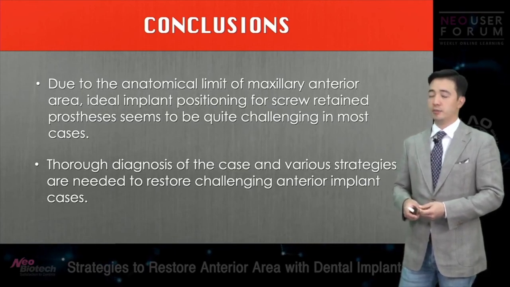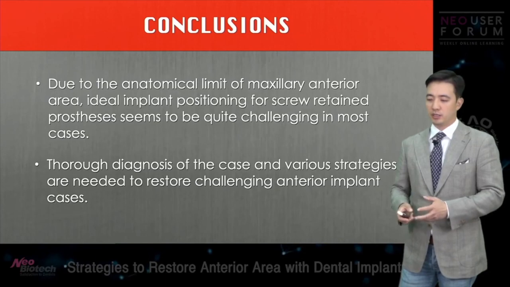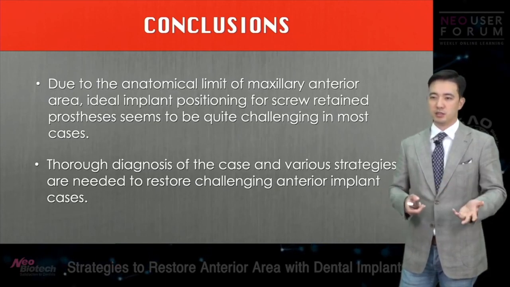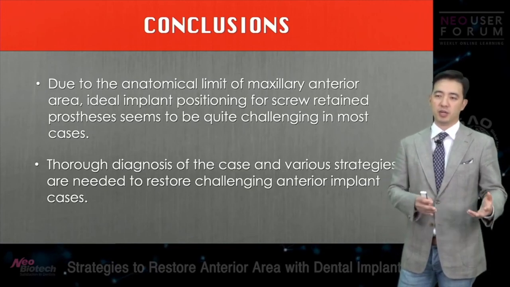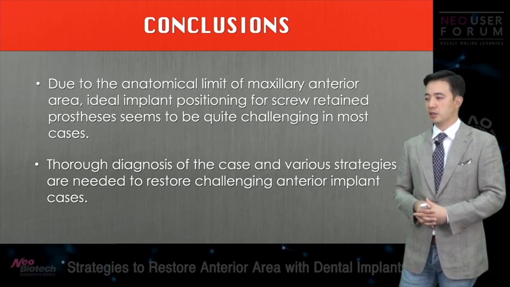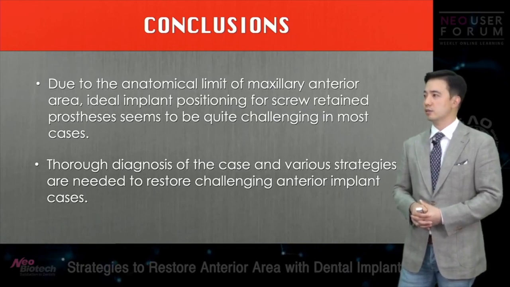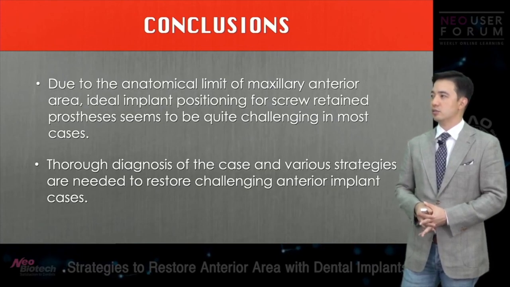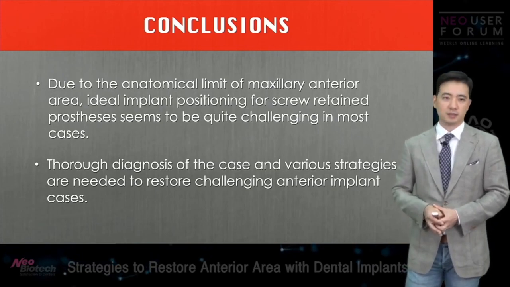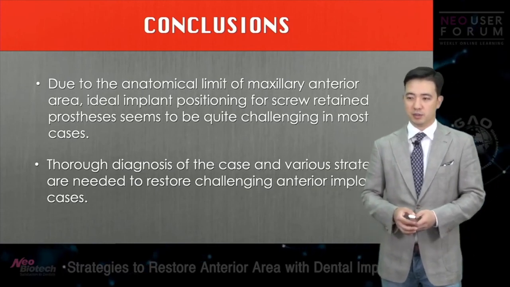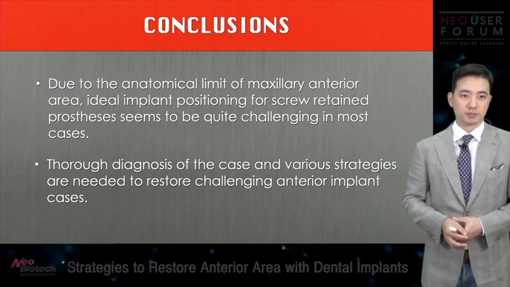Because no matter what it takes, it's not in your mouth but in your patient's mouth for the long term, and you want to give them the best option they could have. Thorough diagnosis of the case and various strategies are needed to restore challenging anterior implant cases. All right, that's the end of my presentation. Thank you very much.